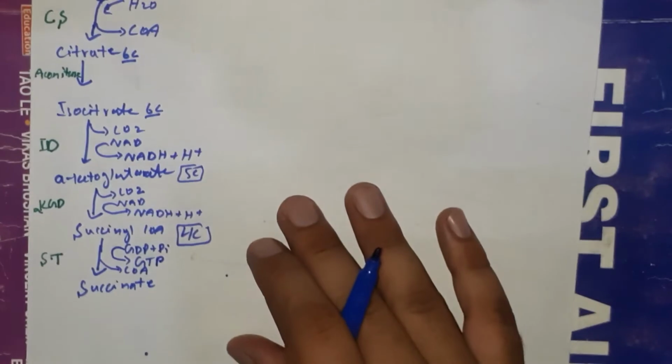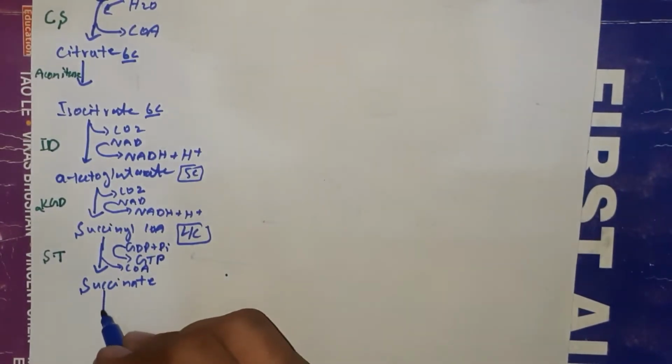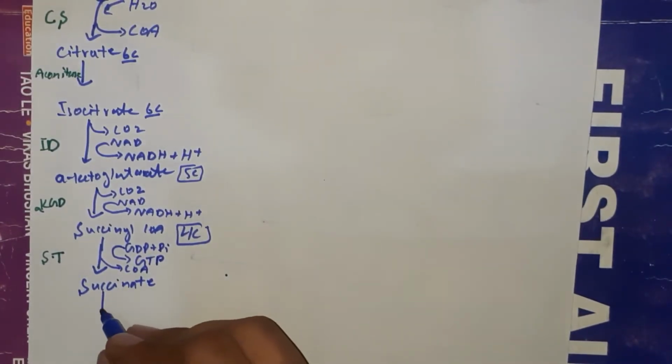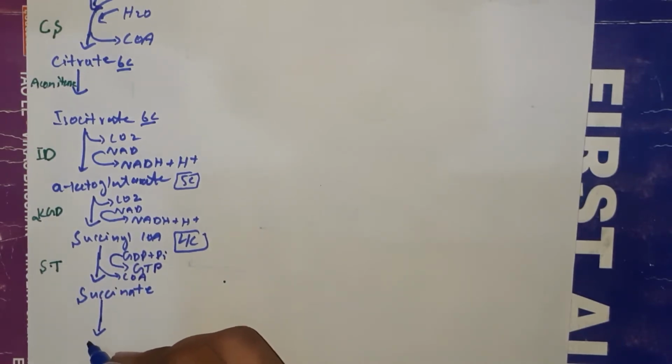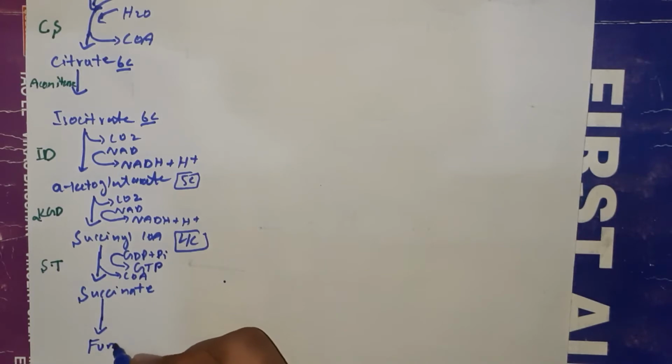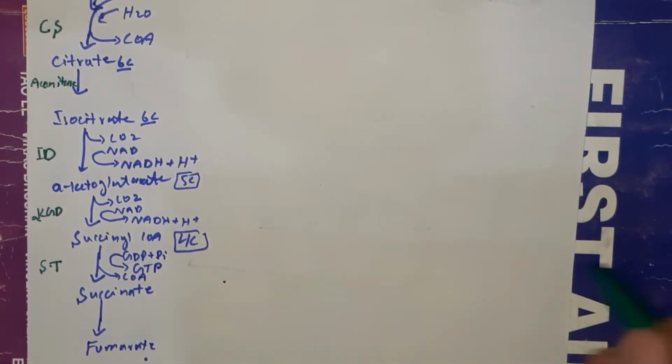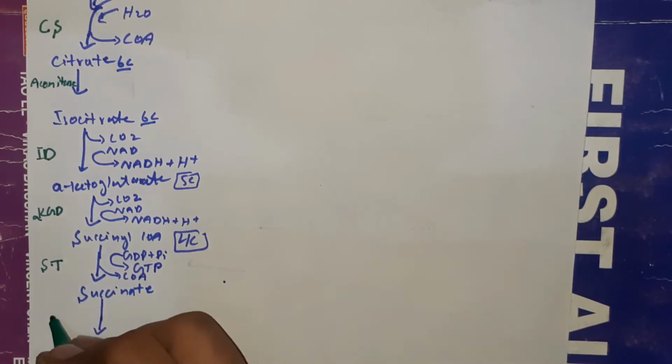Next, this succinate is converted into fumarate, and this conversion is catalyzed by enzyme succinate dehydrogenase.